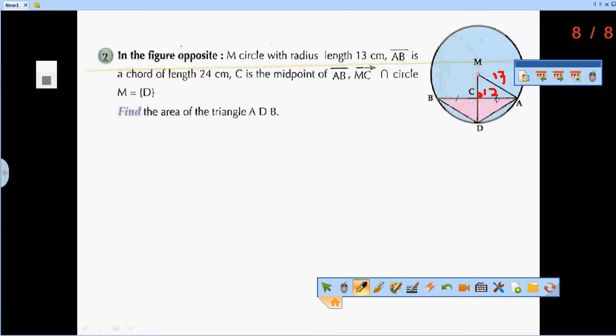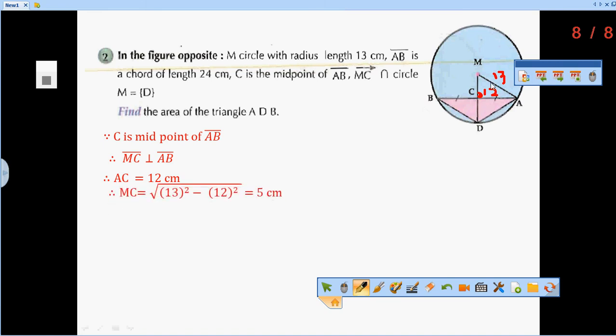Let us see the first proof to continue. Here I have C as the midpoint. It means MC is perpendicular. It means the measure of angle MCA is equal to 90. We have AC equal to 12 because C bisects, or C is the midpoint of AB. And we have also MA equal to 13, so we can find MC by using the Pythagorean theorem.